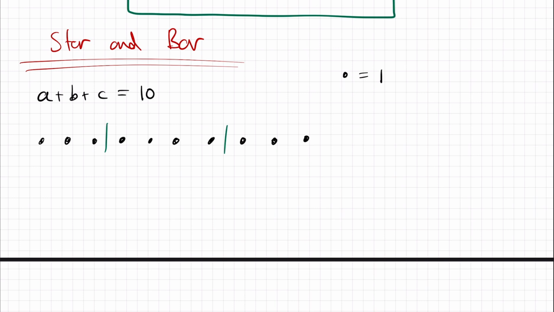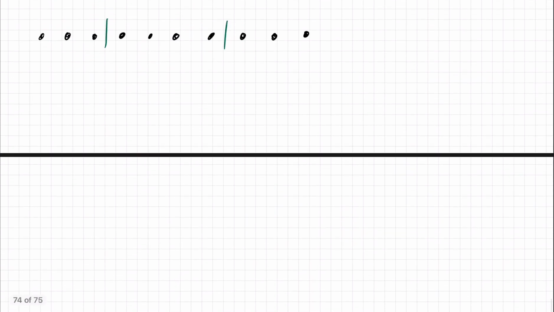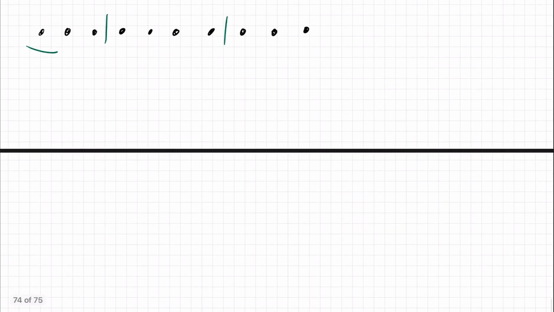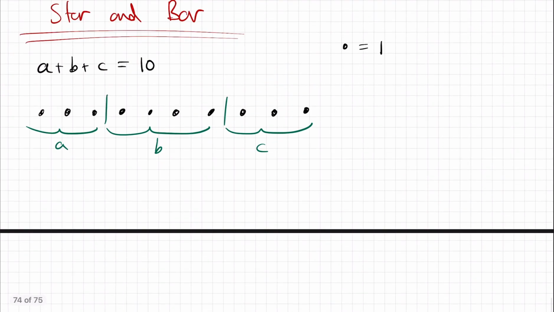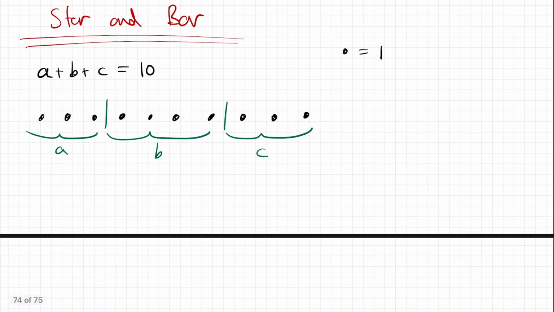And if you haven't already noticed, these groups actually correlate to our A, B, and C variables. So we can have A, B, and C, like so. So by putting in 2 bars, we've been able to split up this group of 10 stars into 3 smaller groups, and each one of those groups represents a variable, so A, B, and C.